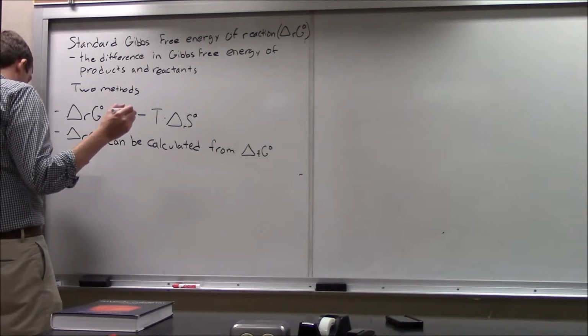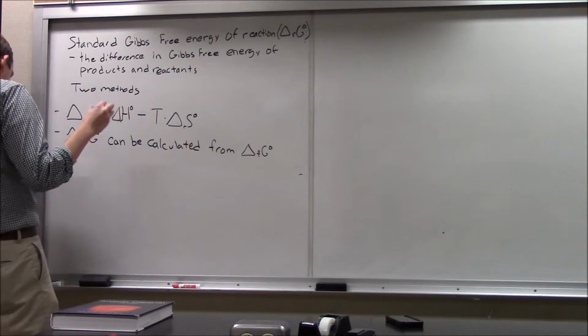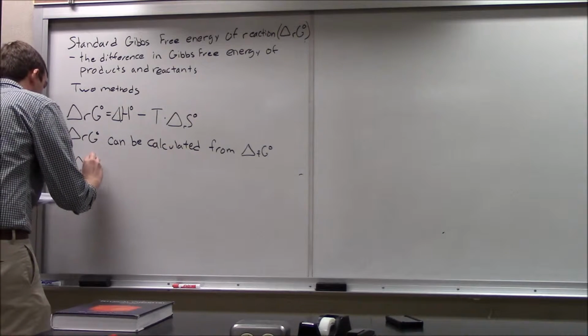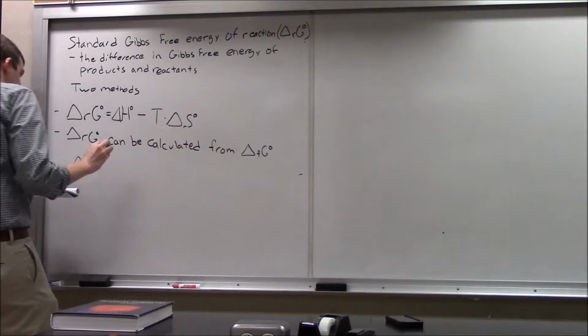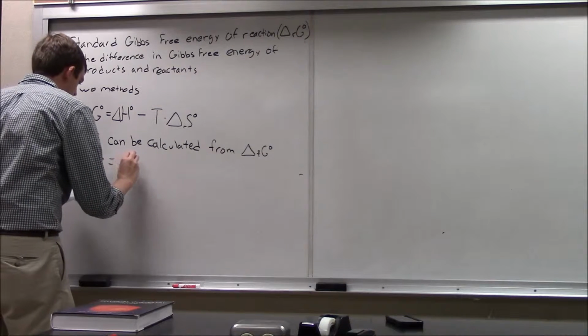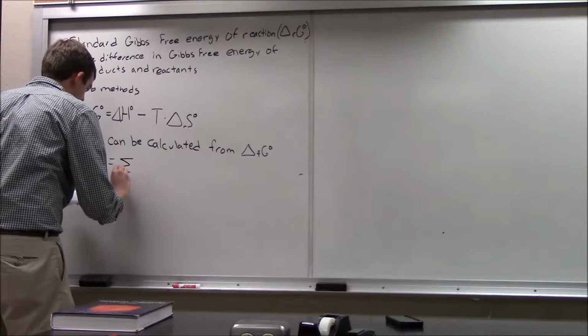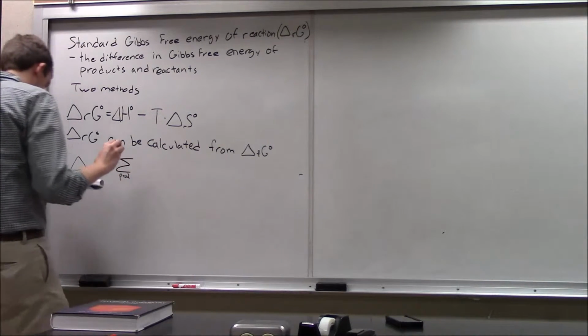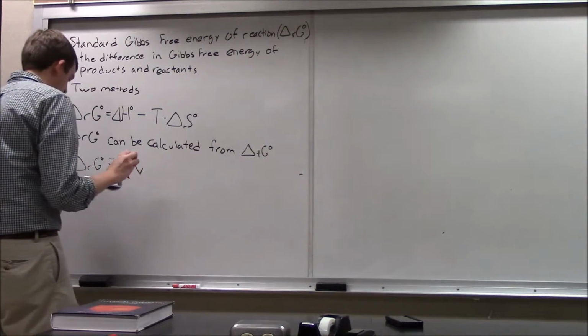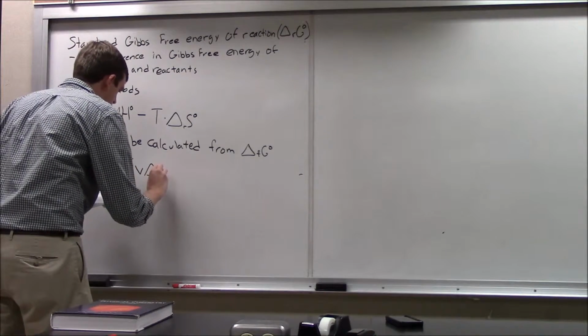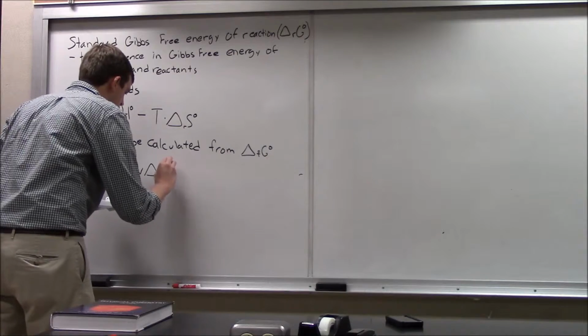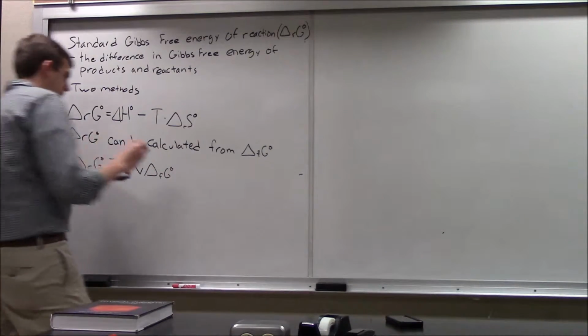So what we can write then is our Gibbs free energy change of the reaction is equal to the sum of your products with this coefficient V, and then the Gibbs free energy of formation for each individual product.